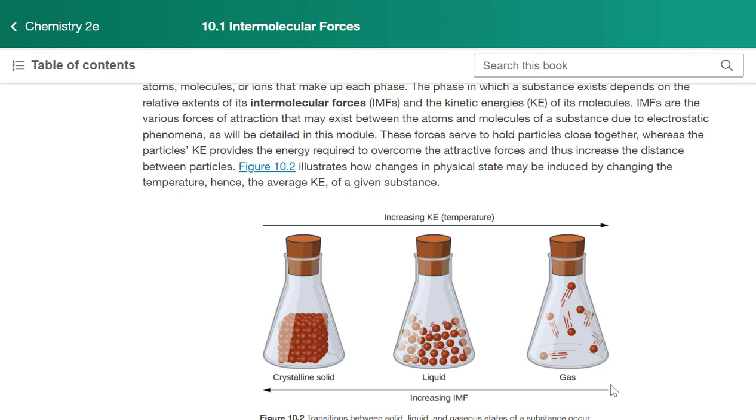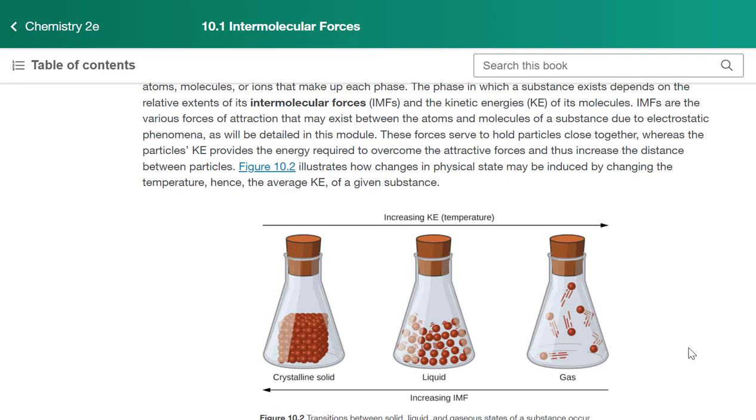The other trend is the tendency for things to stick together. This increases with intermolecular force. As the intermolecular forces get stronger, we have a tendency to go towards solid phase away from gas phase. So movement, kinetic energy, is temperature.